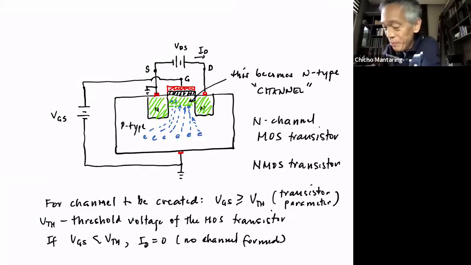That's a bit deep in physics. But theoretically, if you increase VGS, then you increase the concentration of electrons going to this area. That makes the resistance of this area smaller, and that further increases the current. But if I recall now, I think there is a limit.